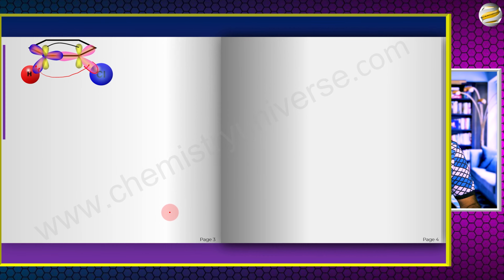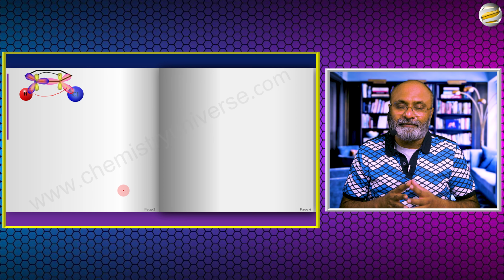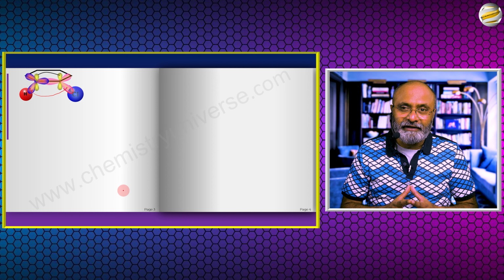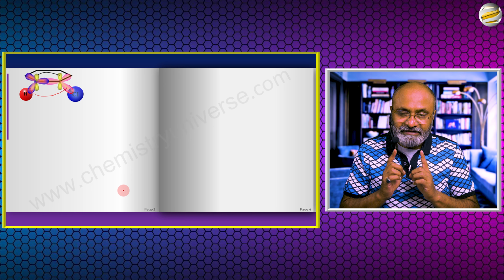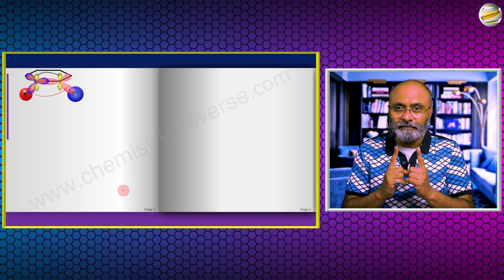Now here I would like to submit that when we do chemical bonding, we are always told that pi bond is always formed with unhybridized orbitals. Unhybridized p orbitals, unhybridized d orbitals. This is a unique example where a pi bond is formed between two sp2, that is hybridized orbitals. The second thing that you need to understand is in a pi bond, the two orbitals are parallel.